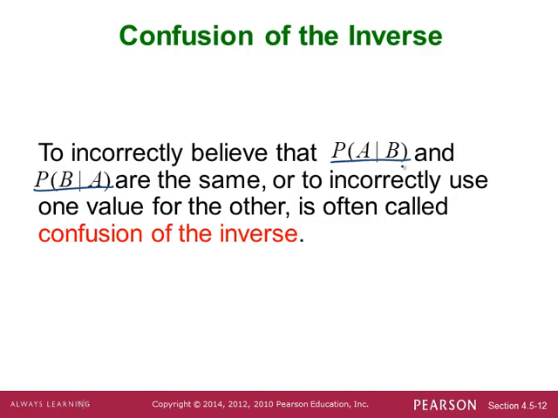So it's incorrect to believe that they'll generally be equal. The short answer is it's probably not true, except for when the events are independent. But to believe that the probability of A given B and the probability of B given A are the same is what is termed the confusion of the inverse. It's a mistake that you don't want to make.